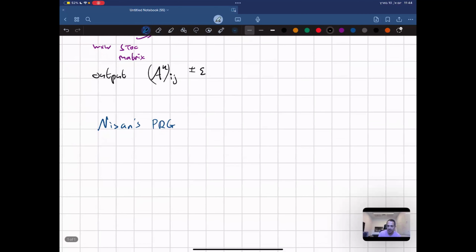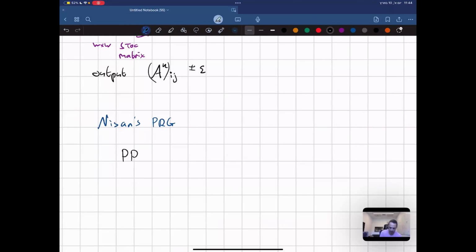So this is the function which we'll just denote by PRG here, and you get a seed. The seed is going to be j hash functions.